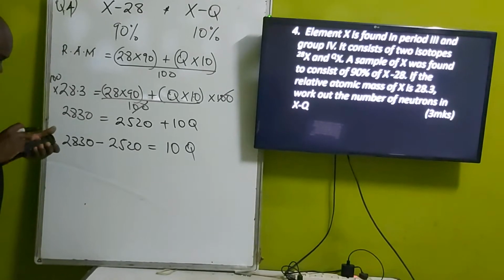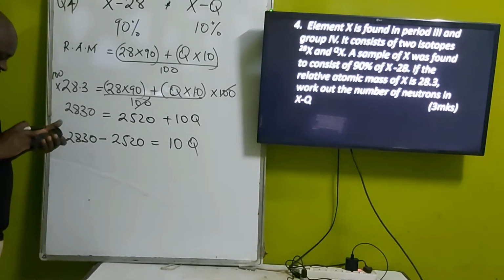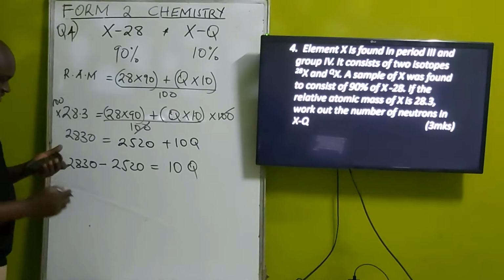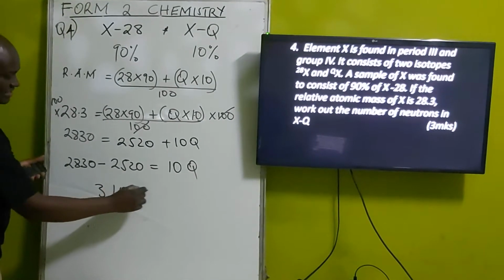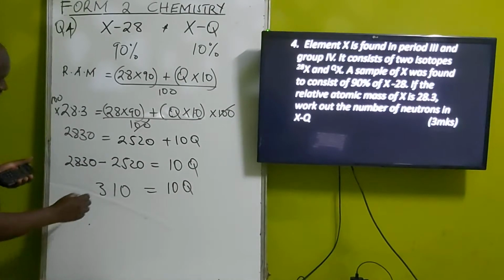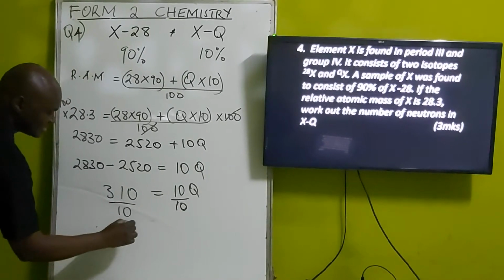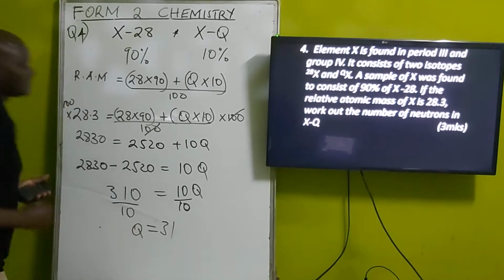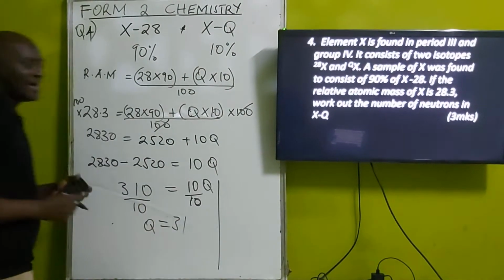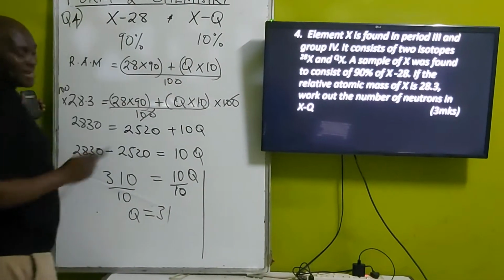So 2830 minus 2520 gives us 310, which is equal to 10Q. So over 10, Q is equal to 31. So the mass number of Q is 31.